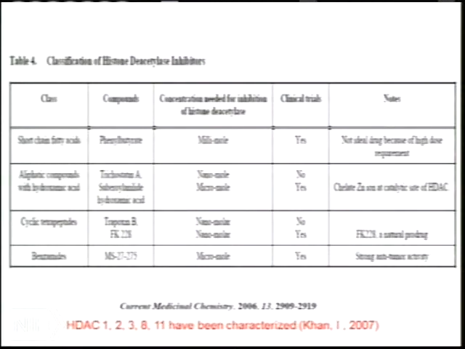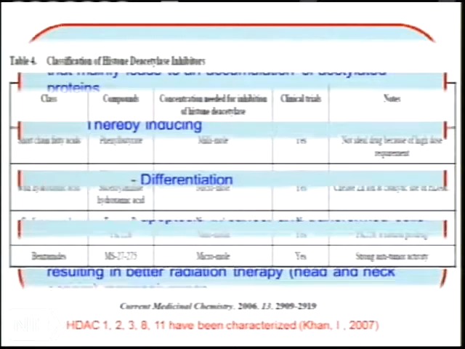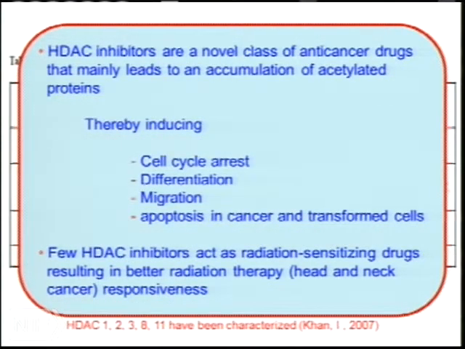So companies are targeting different forms and trying to study in which cancer which form is more prominently expressed. These inhibitors are providing a very new class of anti-cancer drugs because they target cell cycle arrest, differentiation, migration, or apoptosis. And sometimes a few HDAC inhibitors act as radiation sensitizer drugs, resulting in better radiation therapy.